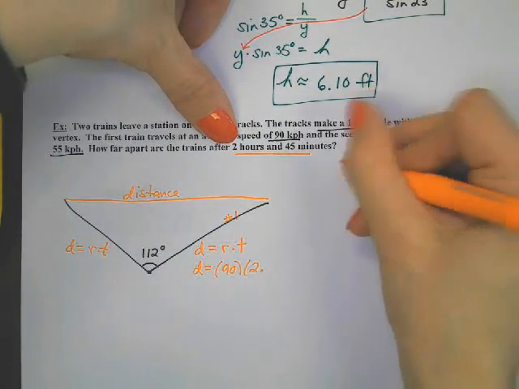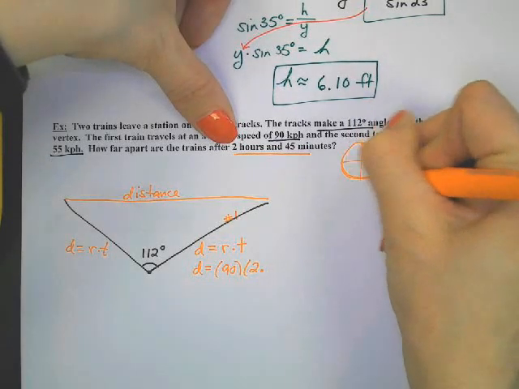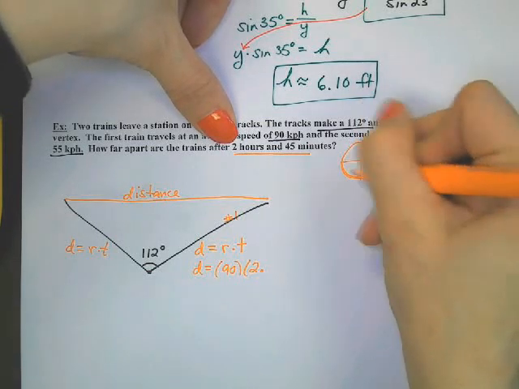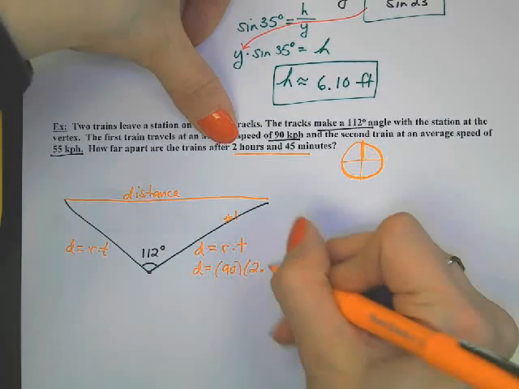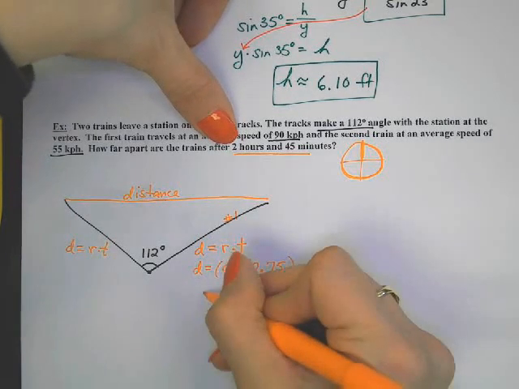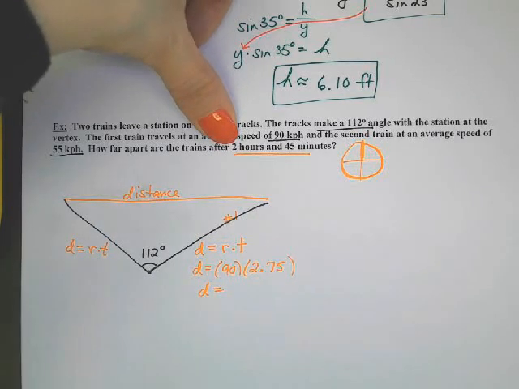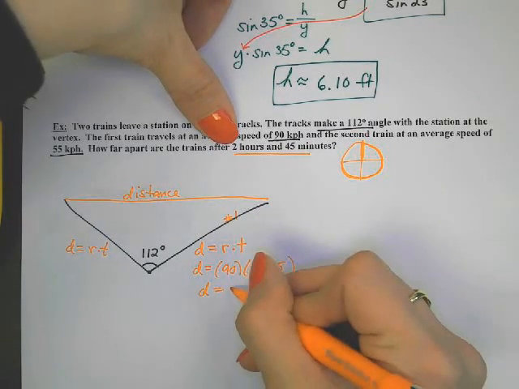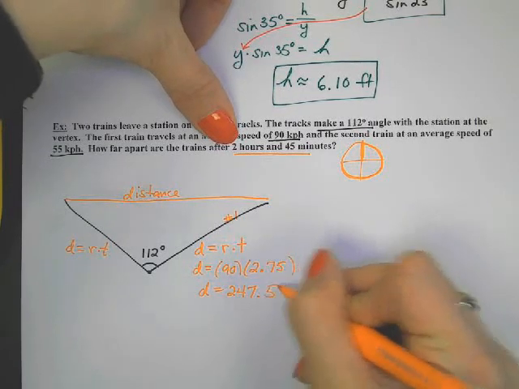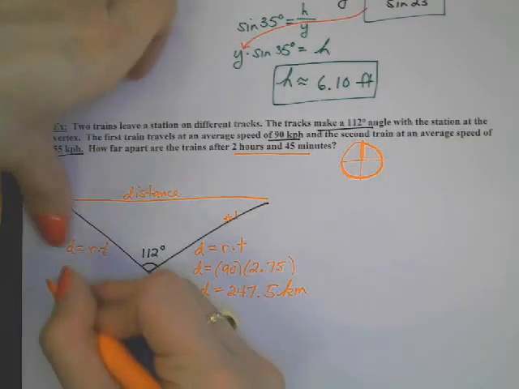Well, it's not 0.45, is it, on a clock? 45 minutes is 3/4, and 3/4 is 0.75. So please find the distance that this first train travels. 247.5 kilometers.